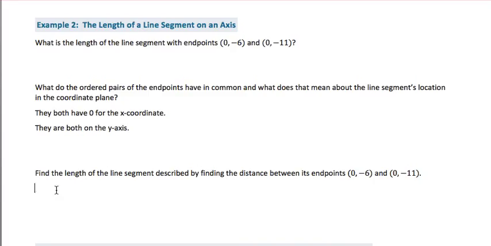Now the length of that line segment, because both of those locations are traveling down on the number line, under those circumstances, we'd have to start at -6 and count to -11. And that would give us 5 units.